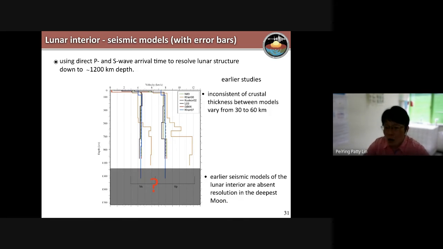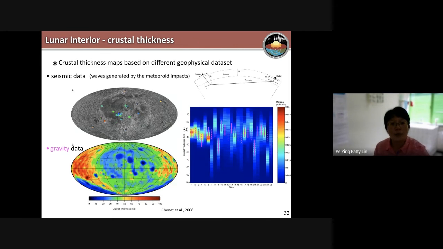So there are several researchers, including me, who revisited the Apollo mission data, or some researchers even added more geophysical constraints, to try to get better resolution for the crust thickness and also the size of the core.